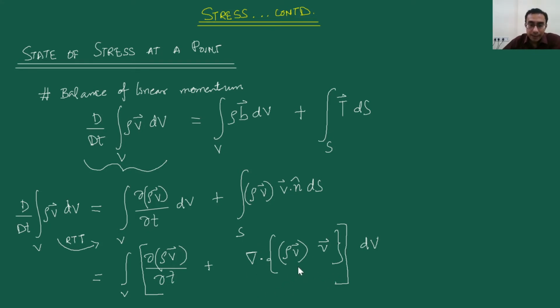Now you see, what is this thing? What is going on here? I have not put a dot, I have not put anything here, so it is a little bit confusing, because this rho is a scalar, no problem, but this v is a vector. This is again the same vector v. So if we had put a dot here, what would have happened?